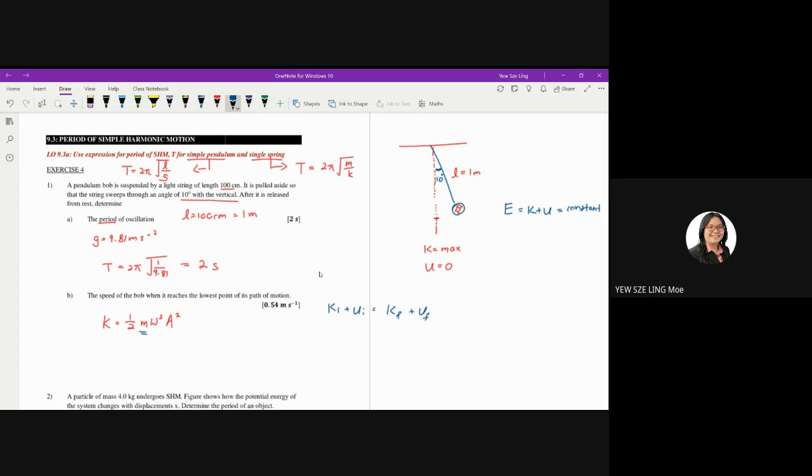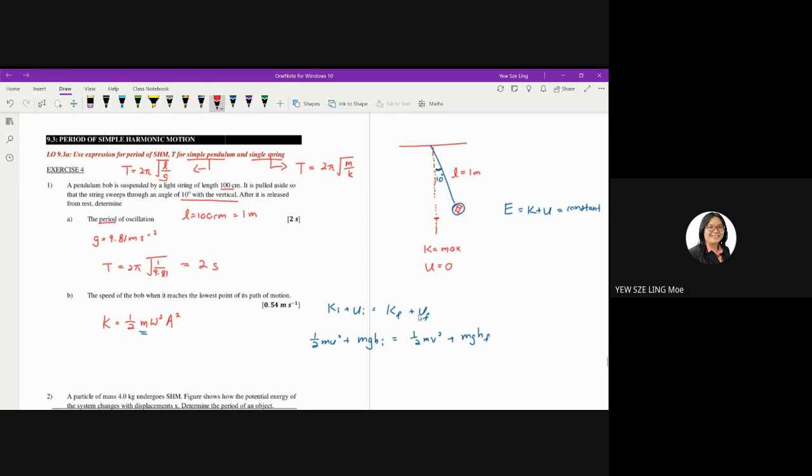We cannot solve with m omega squared A squared, so we try the equations from chapter 5. So, 1 over 2 m u squared plus m g h initial equals to 1 over 2 m v squared plus m g h final.